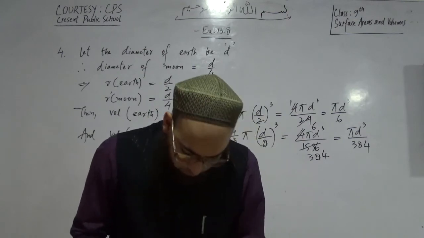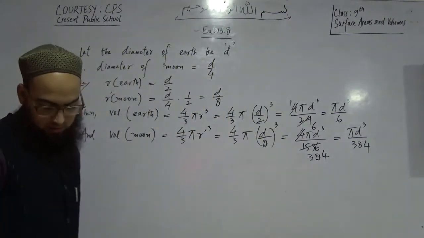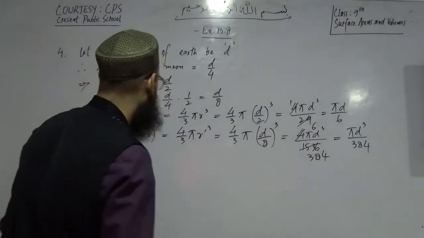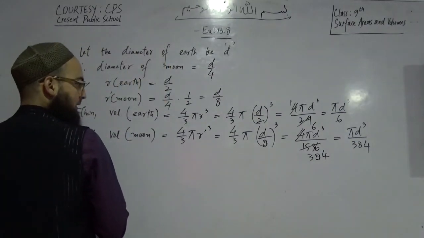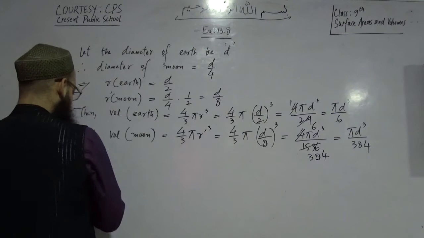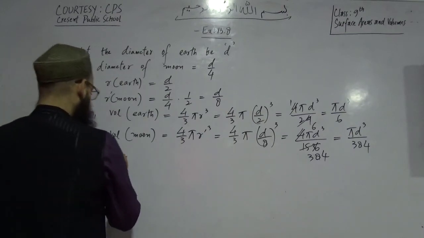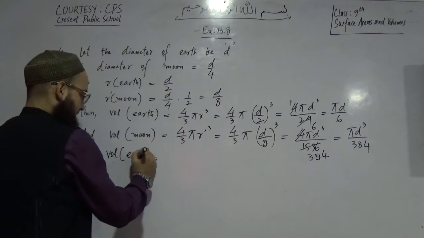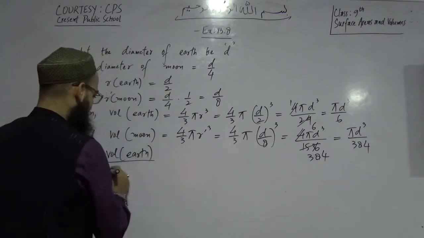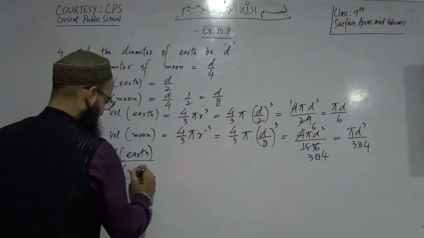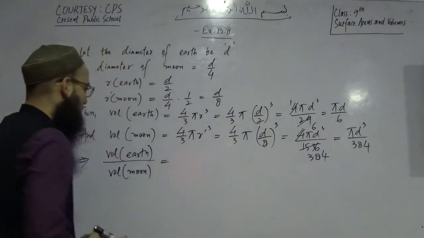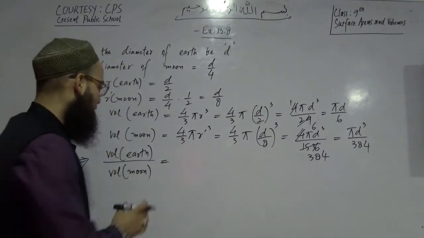Now it says, what fraction of the volume of the Earth is the volume of the Moon? Now get the ratio first, which implies volume of Earth divided by volume of Moon.